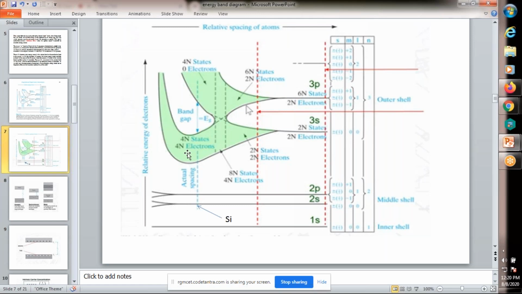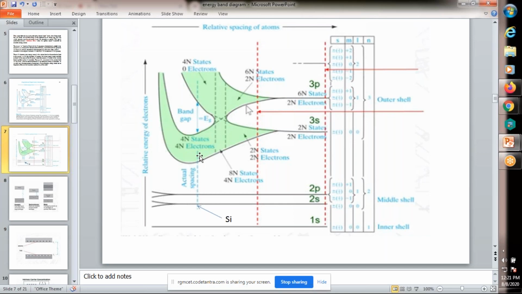For silicon, the outermost shell has only 4 electrons, so 4 electrons are in the valence band. In the conduction band, electrons are 0, but there is space for electrons; states are available, right? Only this vertical line gives the silicon band gap.